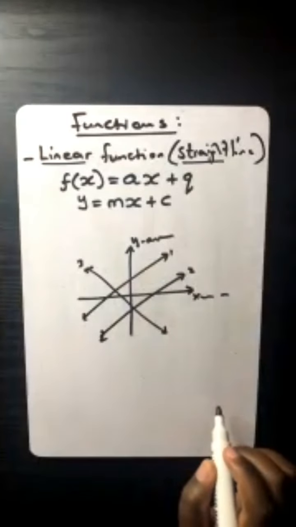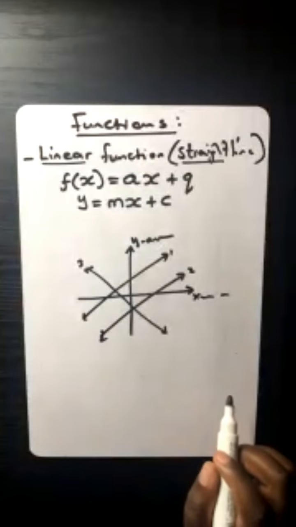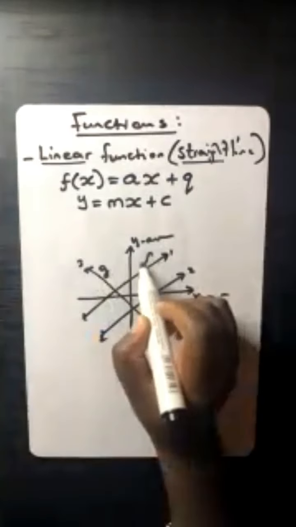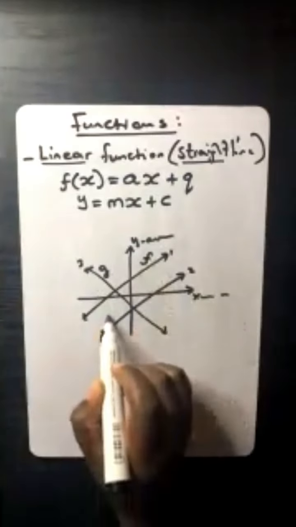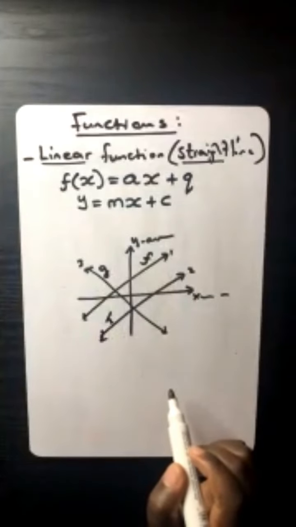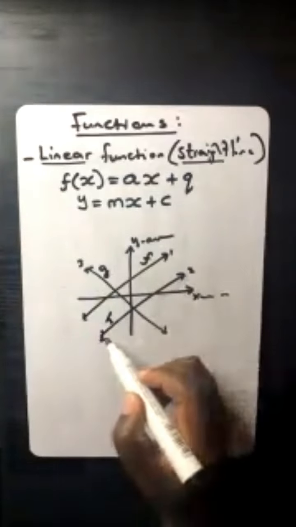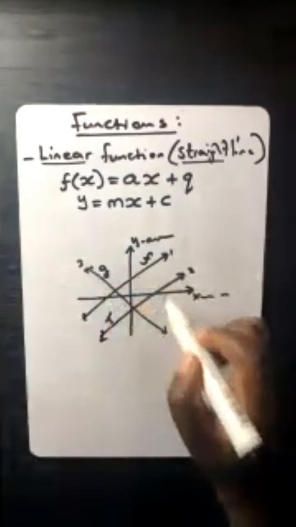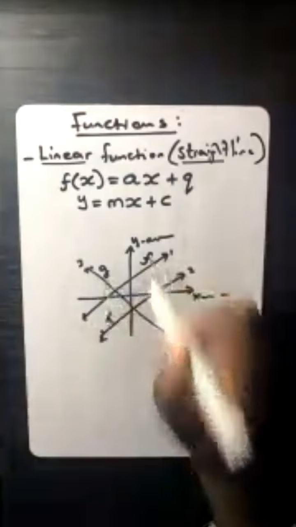Can you see? For us to differentiate these graphs, we make use of letters. We can say this is the graph of g, this is the graph of f, and this is the graph of h. Can you see it's now easy. When we want to talk about that straight line, we'll talk about the graph of h. When we want to talk about that one, the graph of g, the graph of f.